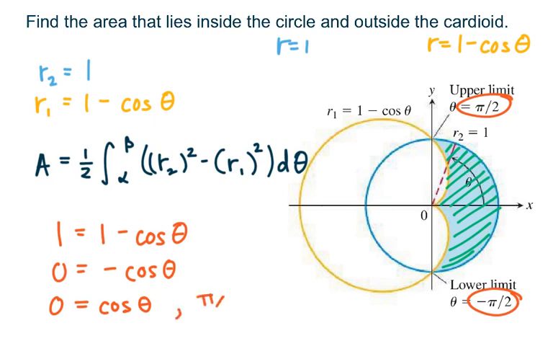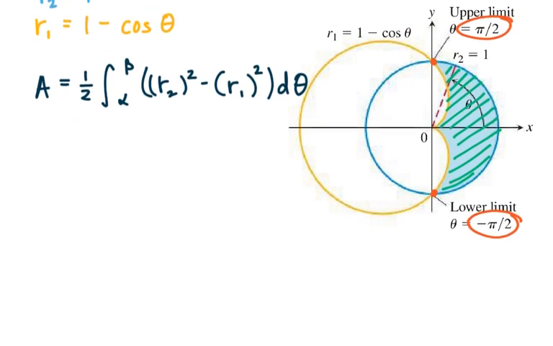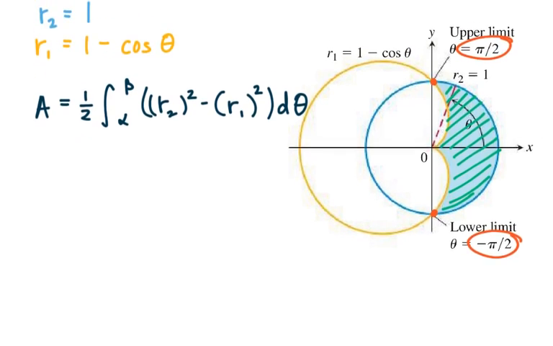That would be at positive pi over 2, negative pi over 2, and all of their pi k multiples. So that's where these two points, my alpha and my beta, pi over 2 and negative pi over 2, are coming from.